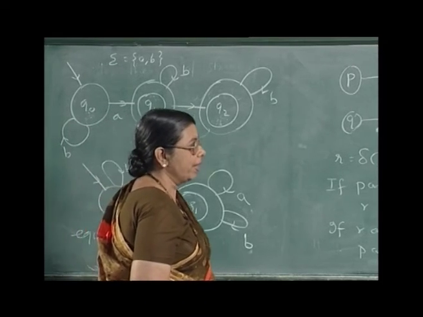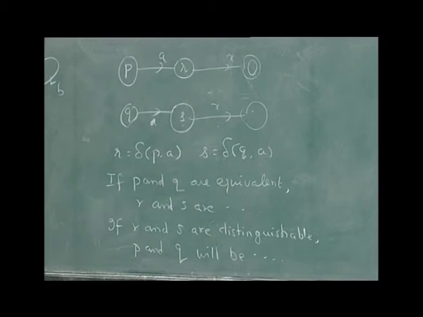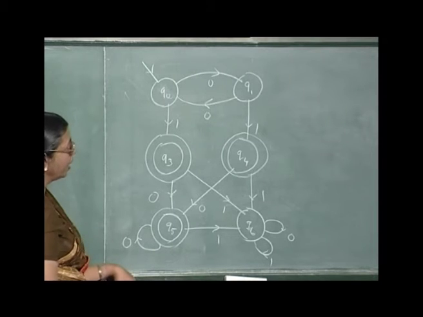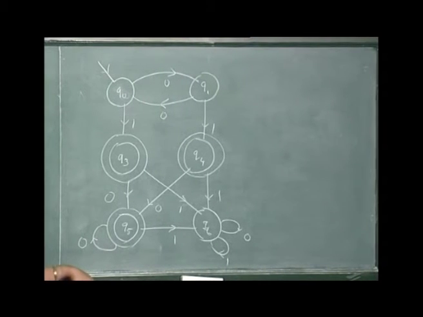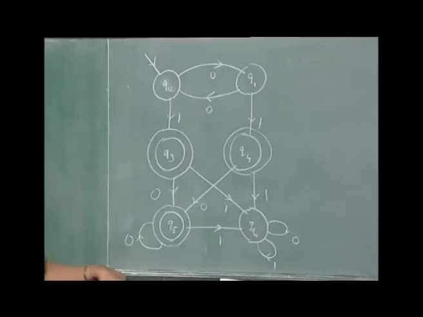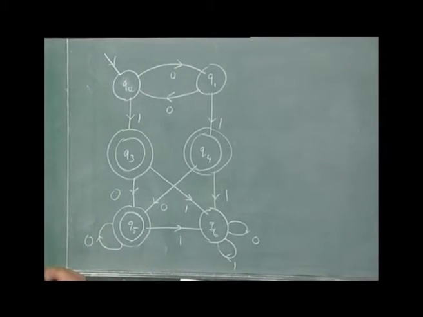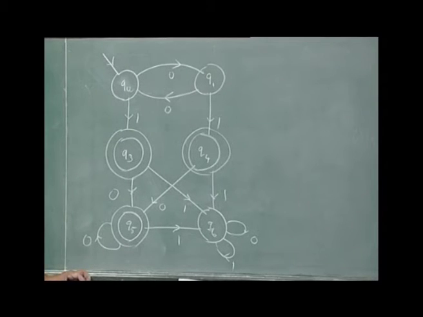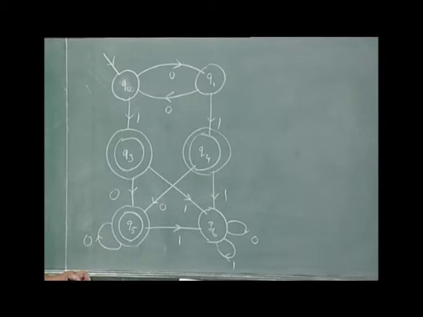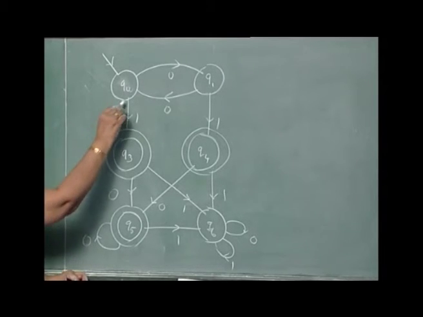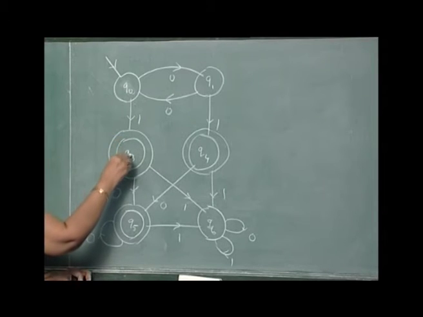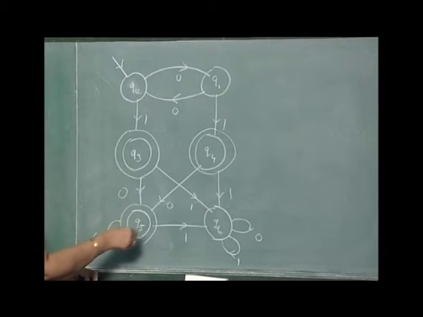Let us consider one more example and consider the minimal state automaton. Take this example. You have 6 states Q0, Q1, Q3, Q4, Q5, Q6, and what is the set of strings accepted? If a string contains just one 1, any zeros followed by a 1, it may be followed by more zeros also, it will be accepted.